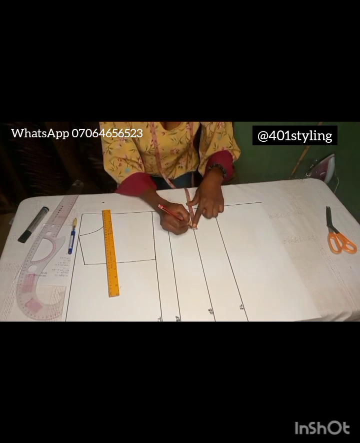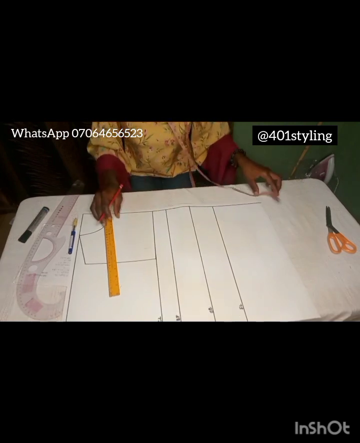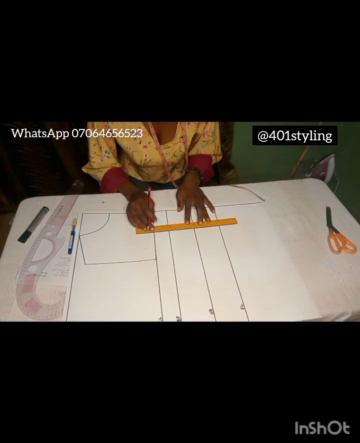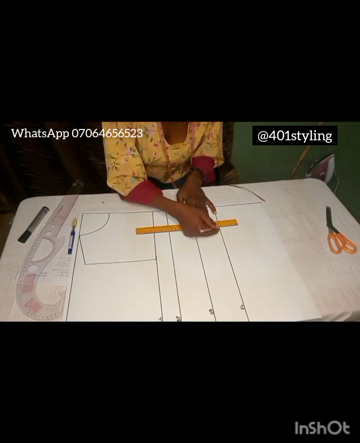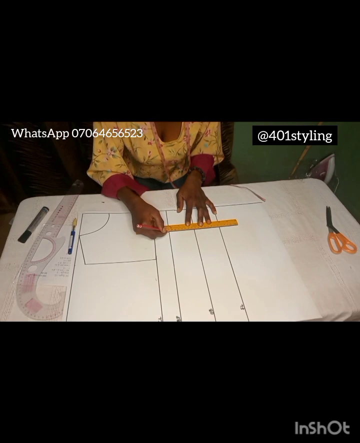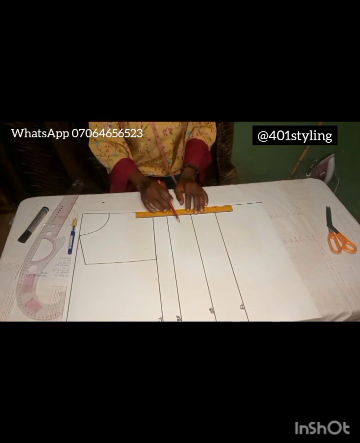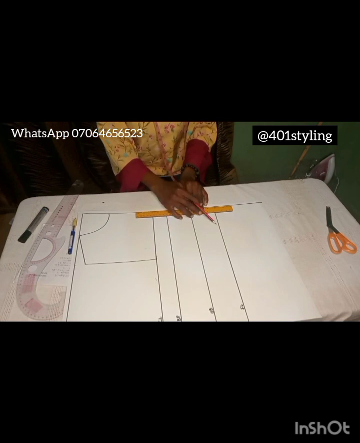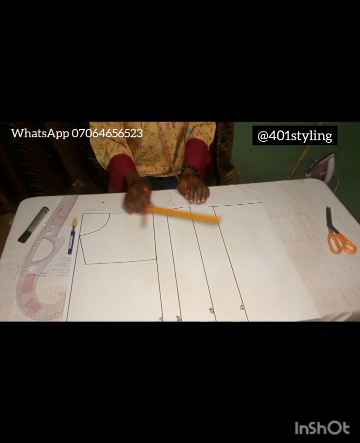Then I'll mark the 3.5 down, then connect with a straight rule. Connect the lines with a straight ruler. Okay, do we get that? Don't worry, I'll still make it visible. So you connect from the bust point to the full length or the front length. Okay, connect with a pencil like that.